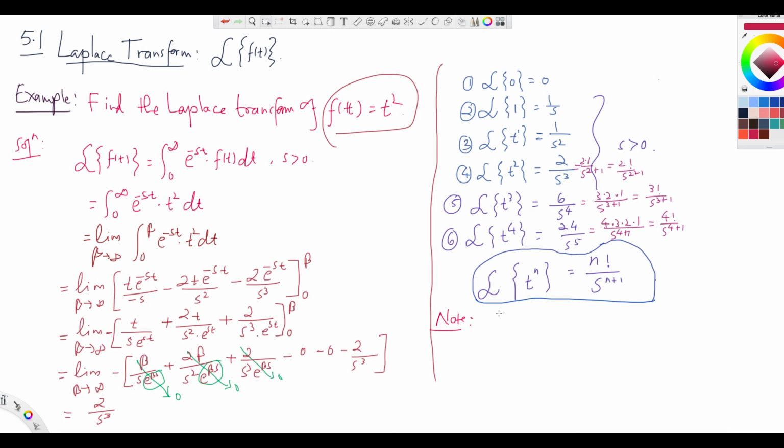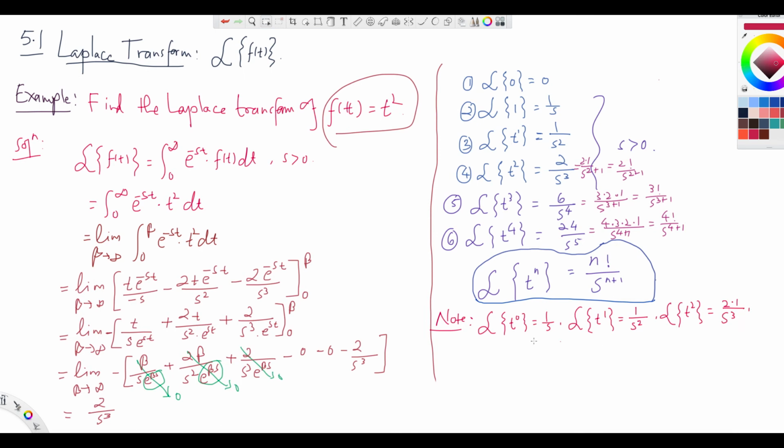What we saw is that the Laplace transform of t to the 0, that is 1, is 1 over s, right? The Laplace transform of t to the 1 is 1 over s squared, right? And then similarly, the Laplace transform of t to the 2, that is t squared, is 2 times 1, or 2 factorial, over s to the 3rd.